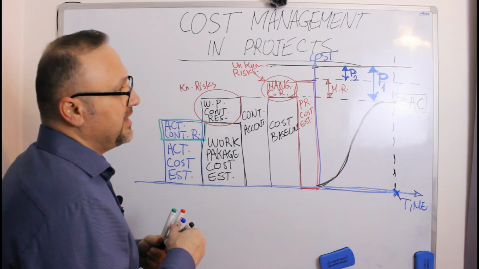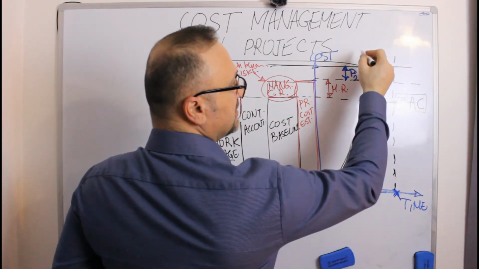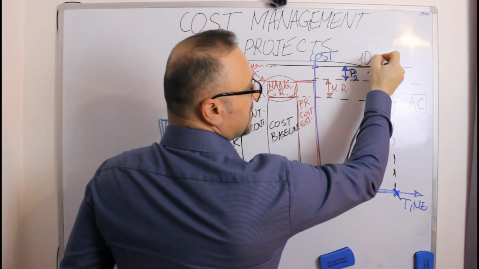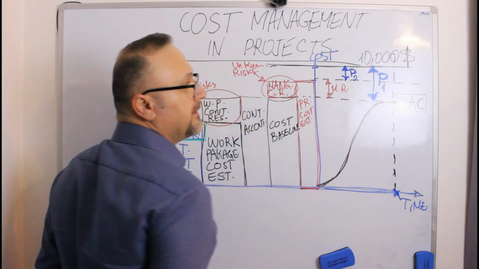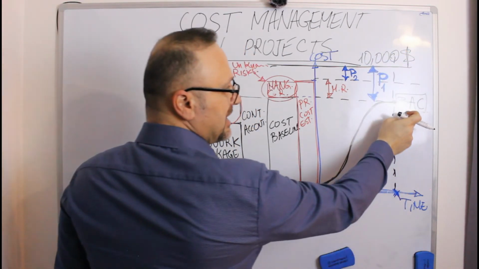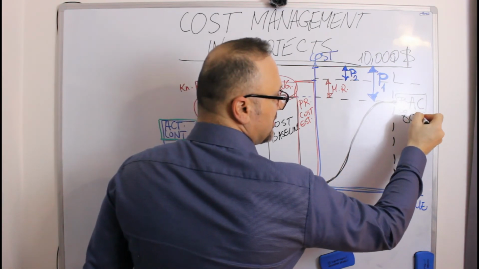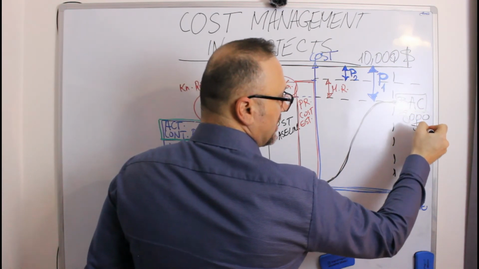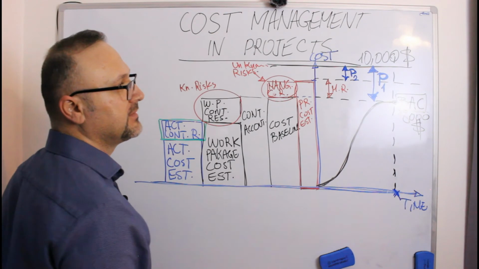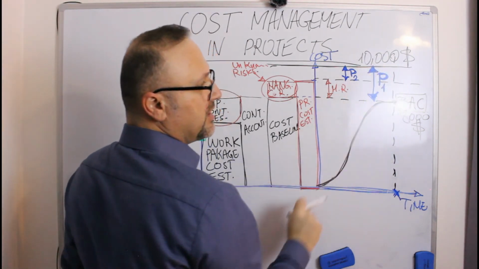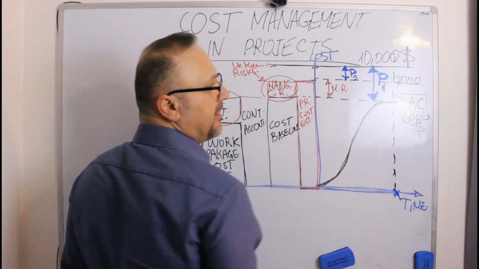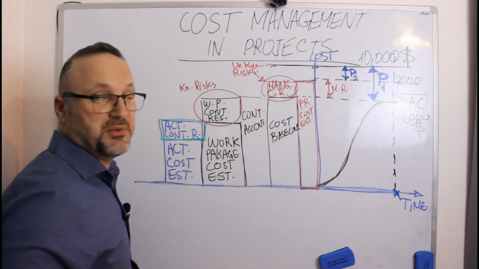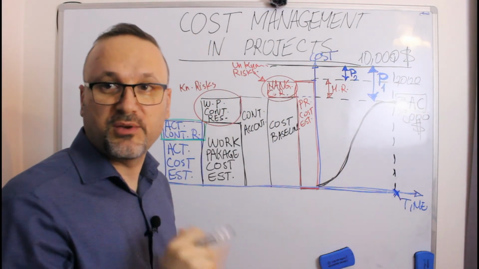So if I'm saying that my contract is $10,000, my budget at completion is $8,000, which means P1 is 2,000, and I'm saying that my management reserve is up to 1,500.